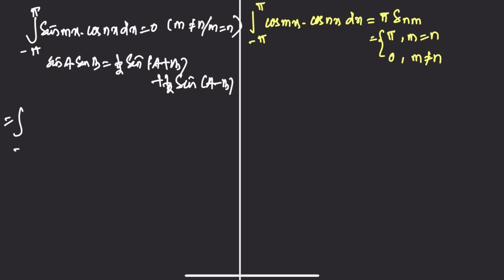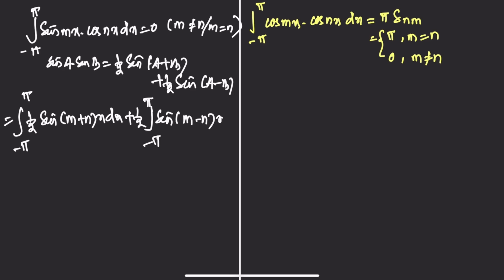So this integration becomes integral from minus pi to pi of half of sin (m plus n)x dx plus half of integral from minus pi to pi of sin (m minus n)x dx.